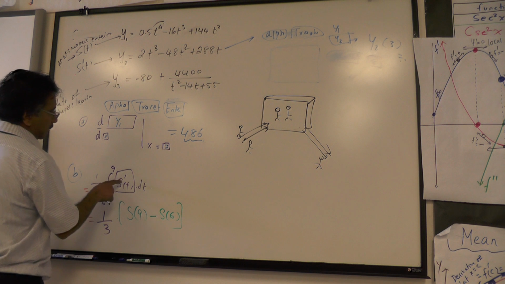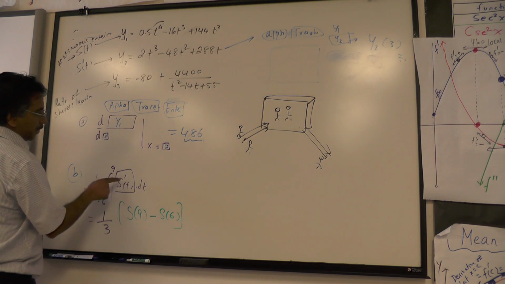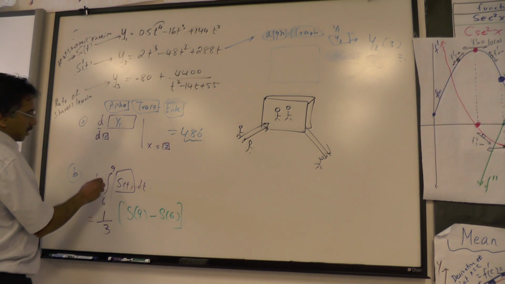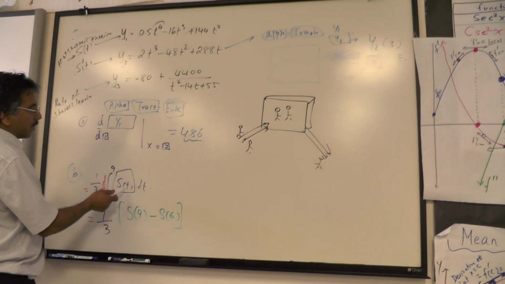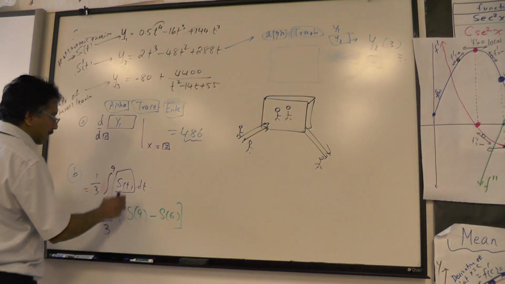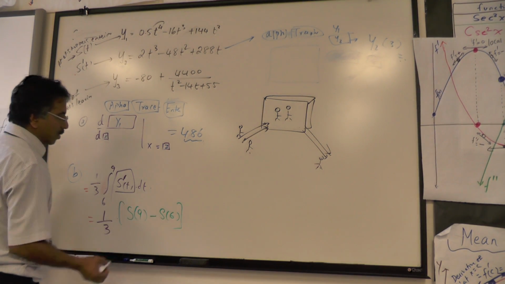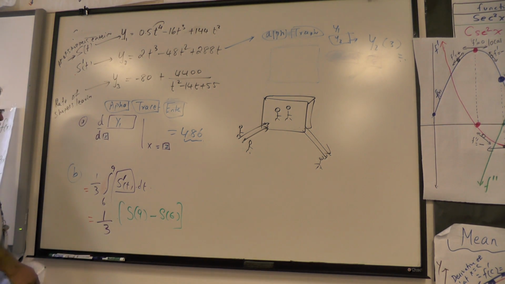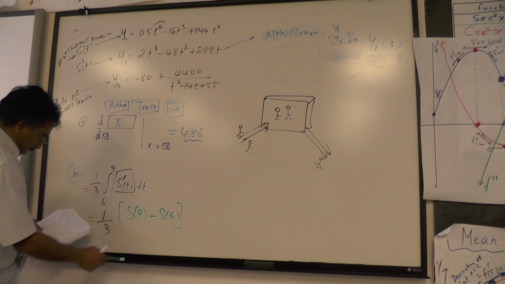If I take off this dash here, it means it is ds by dt, see? So this crosses out, but then you have to write from 9 minus 6. We did this long back, but I just want to show you it is S9 minus S6.